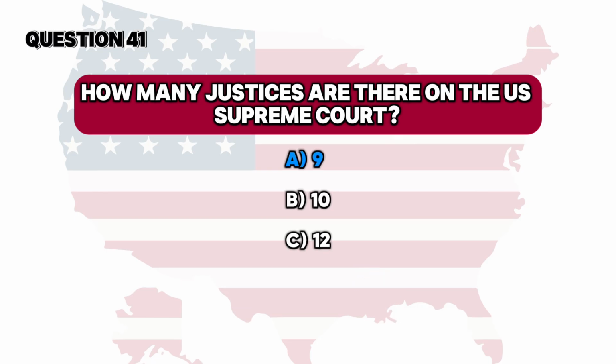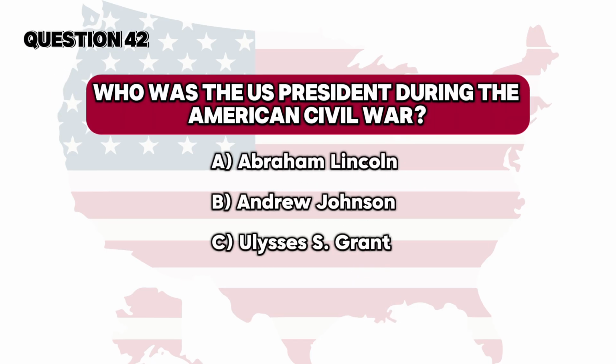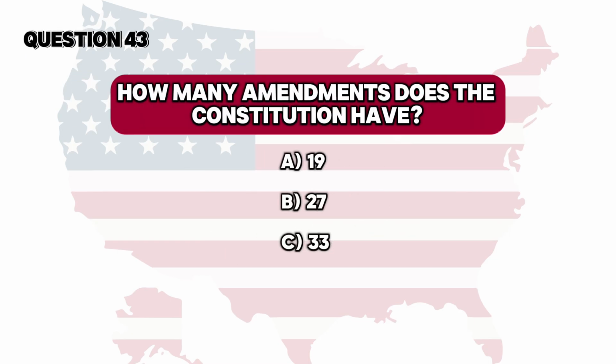Nine. Who was the U.S. president during the American Civil War? Abraham Lincoln. How many amendments does the Constitution have? 27.